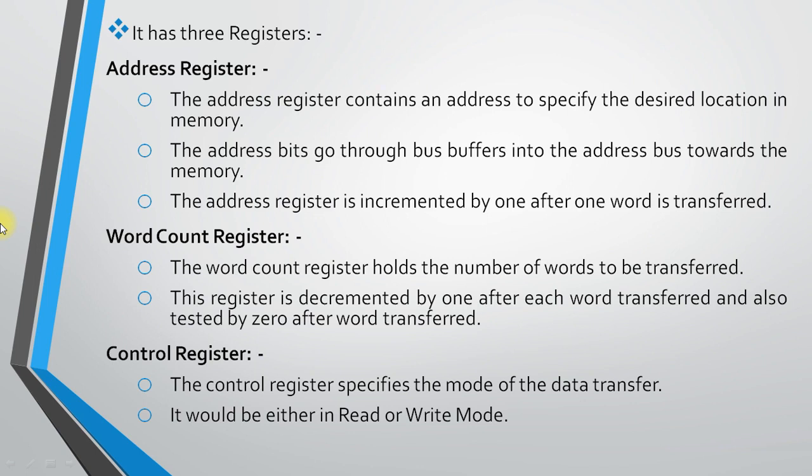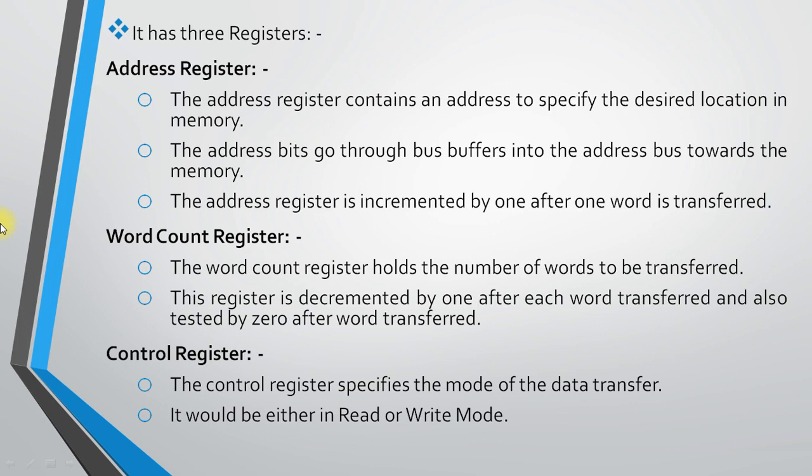The second is called the word count register. The word count register holds the number of words to be transmitted. For example, if you want to transfer 8 words at a time, the word count register contains 8. So the total number of words is stored inside the word count register. When a word is transferred, it is decremented by 1.